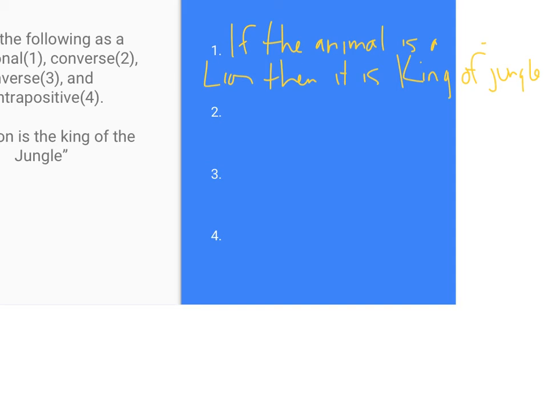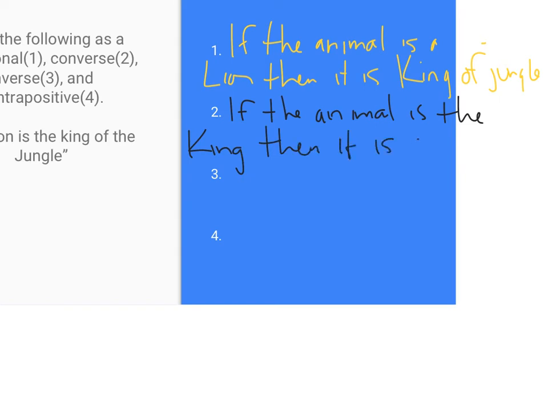So flip it around for the converse. If the animal is the king of the jungle, then it is a lion. Three would be the inverse. So here I would use not.